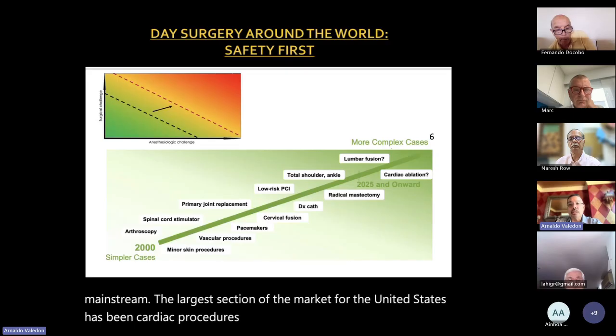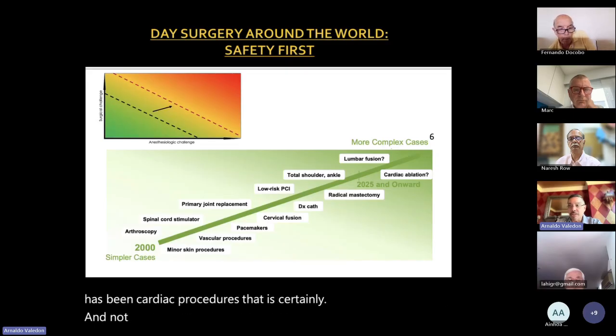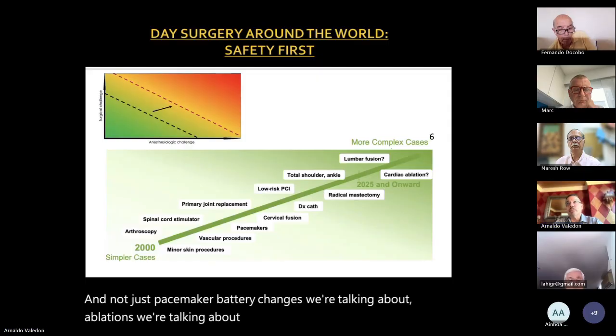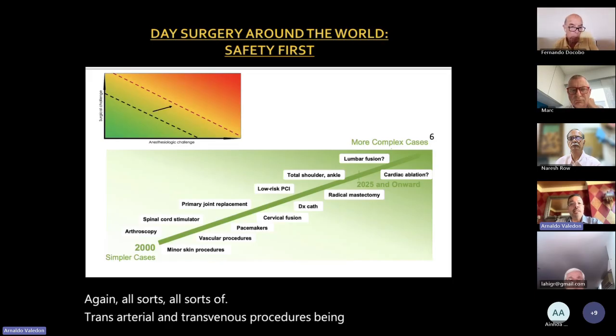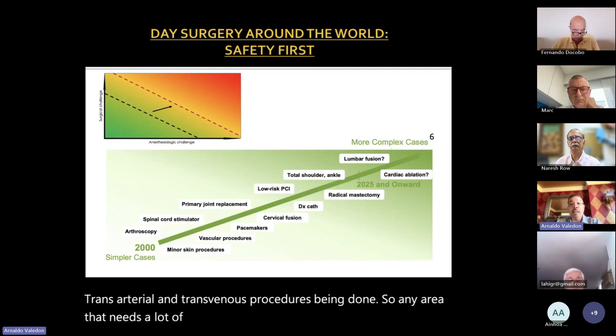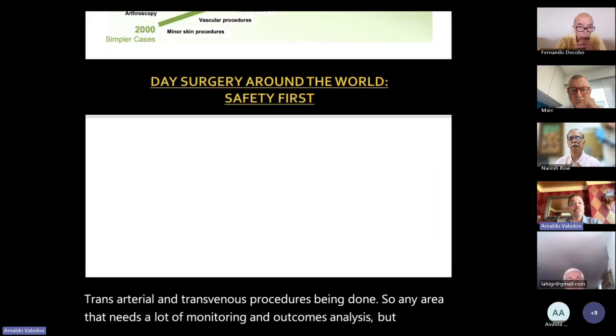That is certainly not just pacemaker battery changes. We're talking about ablations, and all sorts of trans-arterial and transvenous procedures being done. So it's an area that needs a lot of monitoring and outcomes analysis. But complexity continues to increase.